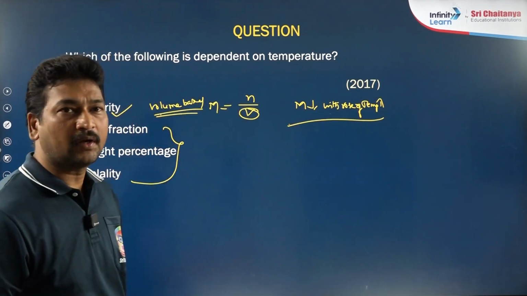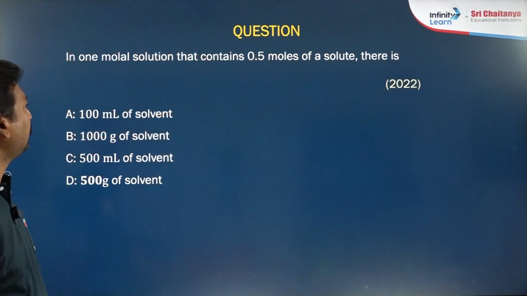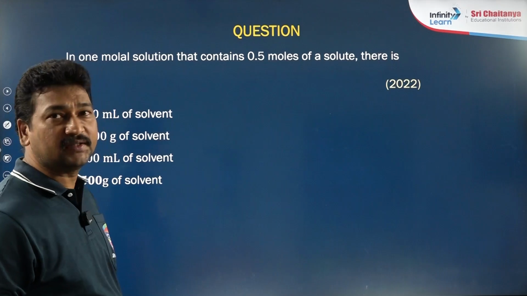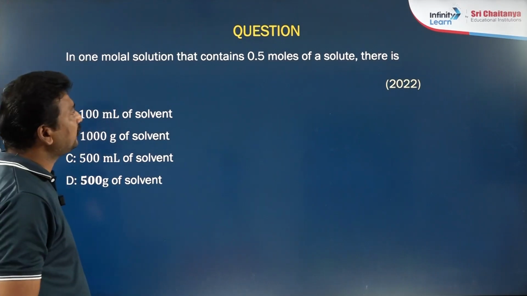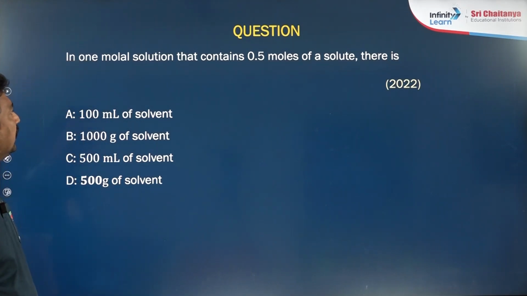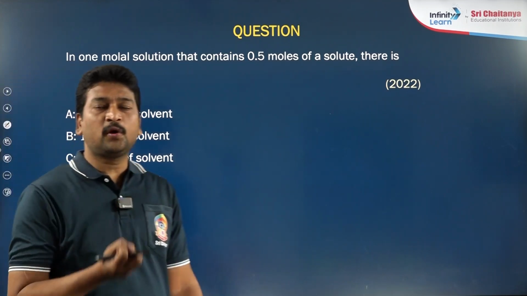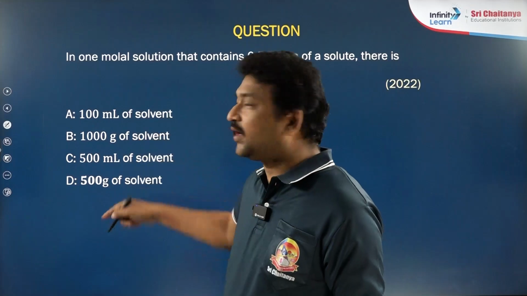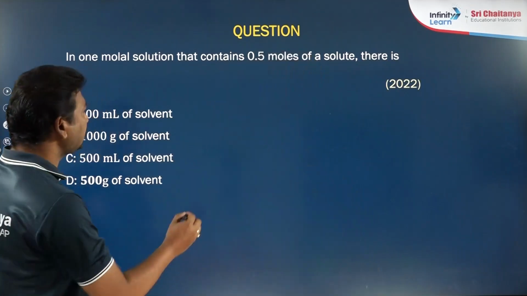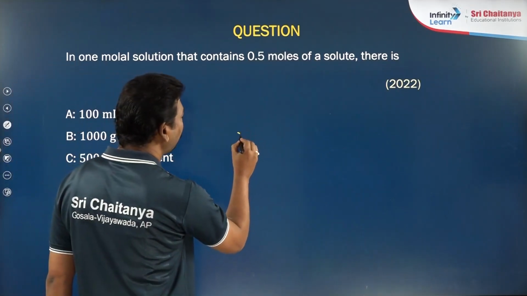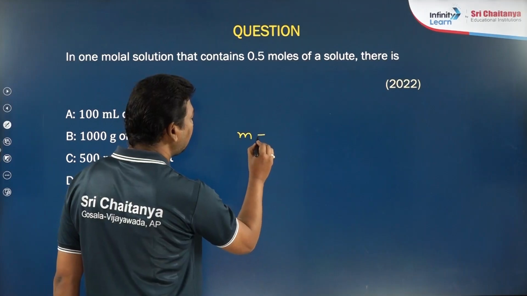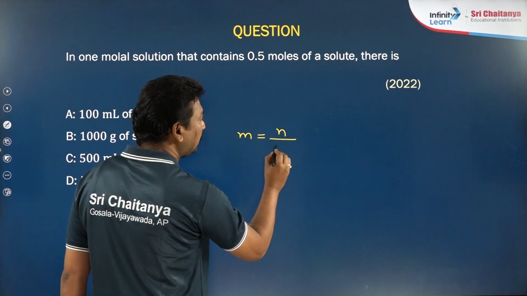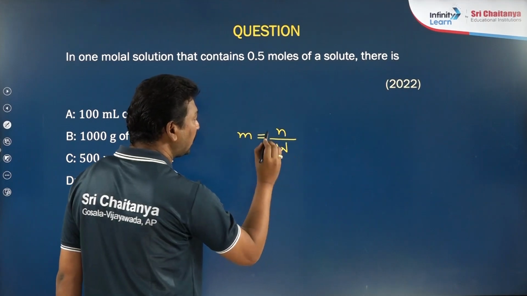Okay, my dear students, coming to the next one. In a 1 molal solution that contains 0.5 moles of the solute, there is... meaning, how to get a 1 molal solution from 0.5 moles of solute with the use of the options. That is the question. What is the formula of molality? Molality is the number of moles of the solute in 1 kg of the solvent.